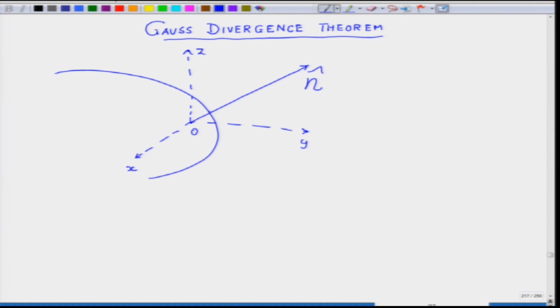There is angle alpha with the x axis, angle beta with the y axis, angle gamma with the z axis. If you drop perpendiculars from the tip, you will get back the x, y and z coordinates, as if I have drawn the normal at 0.